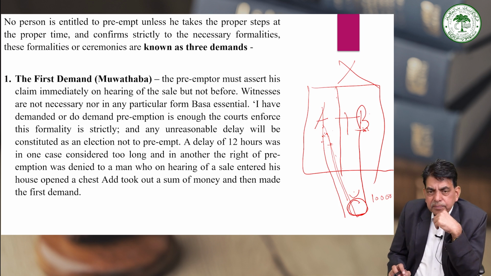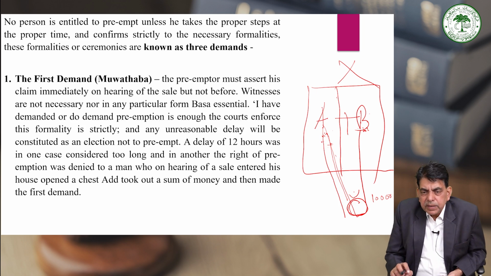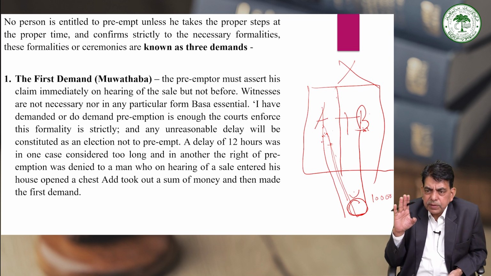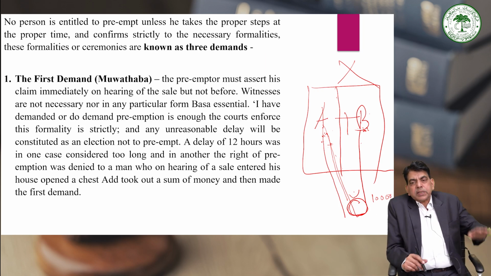The preemptor must assert his claim immediately on hearing of the sale but not before. Witnesses are not necessary for raising the demand, nor is any particular form required. Simply saying that I have demanded or I demand the preemption is enough. Simply saying that I am entitled to the preemption will be sufficient. So immediately on getting the information for the first time, he should assert his right.